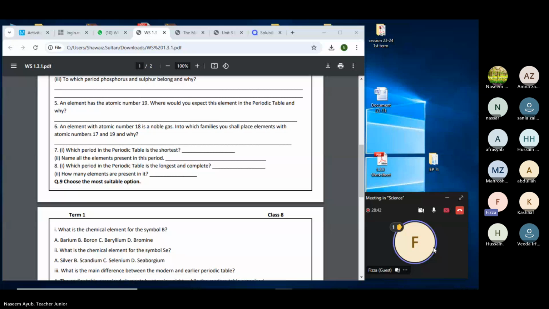And the element with atomic number 17 would be in group 7, halogens. Yes, exactly. If we see the electronic configuration of 17, it would be 2, 8, 7. So it would be in group 7 obviously, because its outermost shell has 7 electrons. Alright.